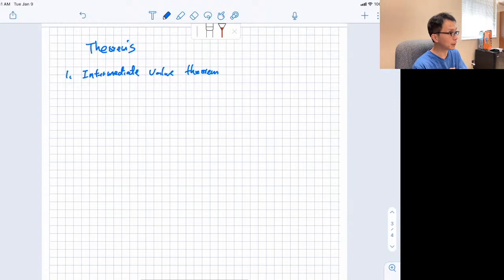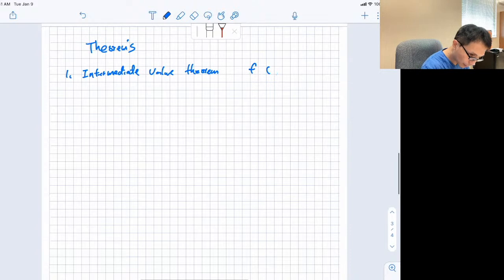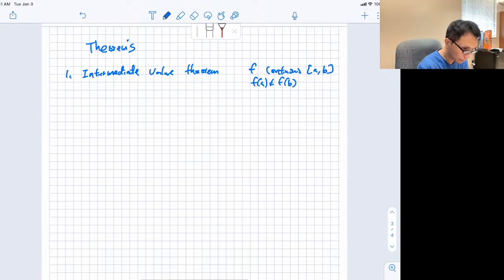Basically, the intermediate value theorem is like a water bottle. The function must be continuous between a and b, right? And f of a does not equal f of b. That's the two conditions. And also c is between a and b.